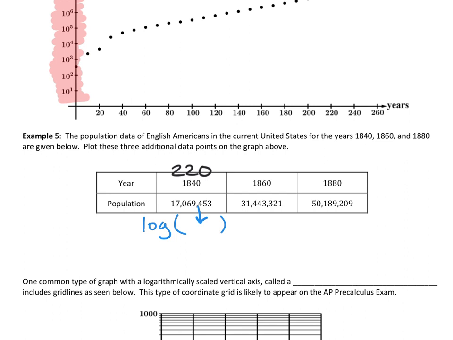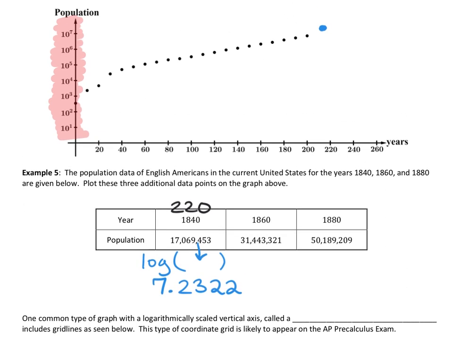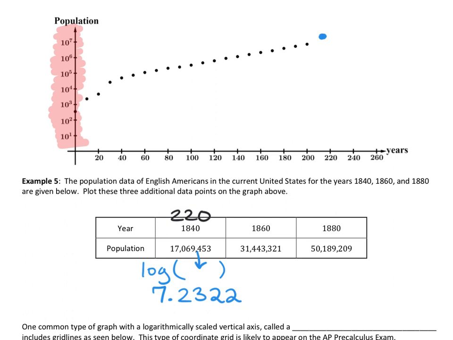You're going to get a tiny small number compared to 17 million. What did you get? 7.2322, yeah? So I'm 7 units up and a little bit more. So if I look at what I've plotted, this is 1, 2, 3, 4, 5, 6, 7, and a little bit more. That's where I'm trying to plot the point.